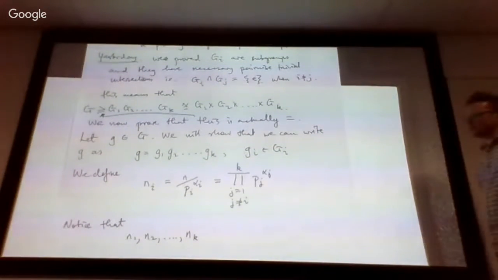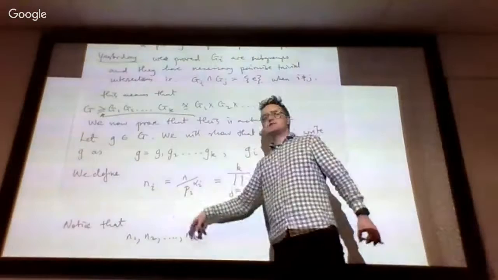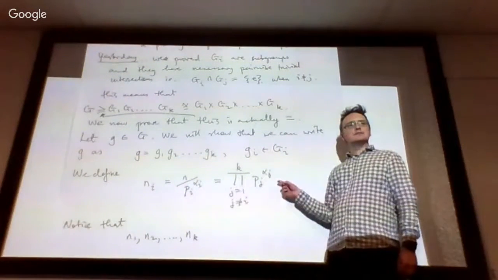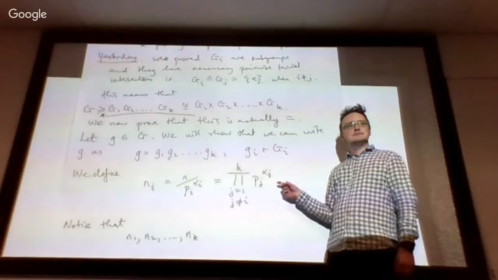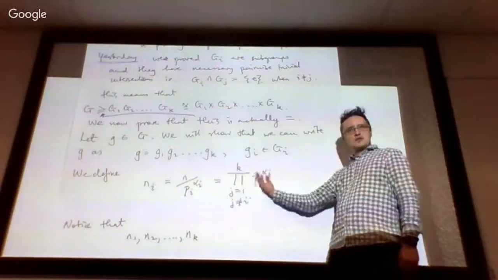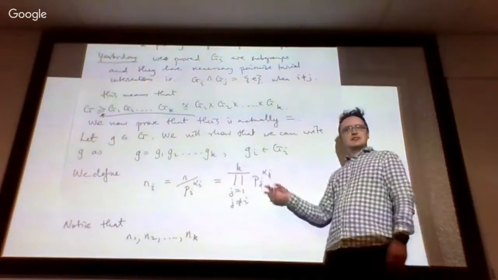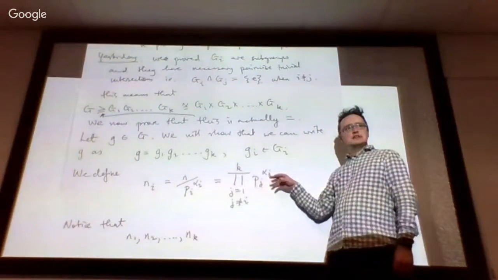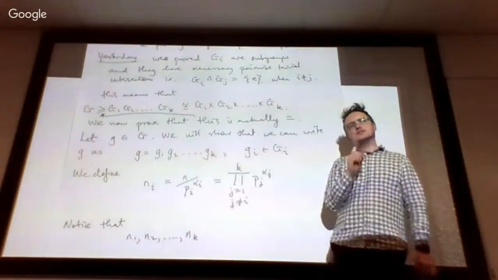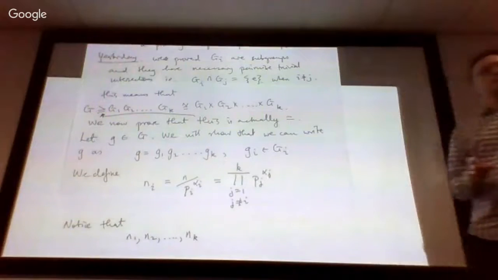No, not pairwise co-prime. If I take any two of these, they've got a lot of primes in common. n1 is everything except p1 to the alpha 1, but it's all of the other primes. And n2 is everything but p2 to the alpha 2. So there's a lot in common between n1 and n2, so they're certainly not pairwise co-prime.